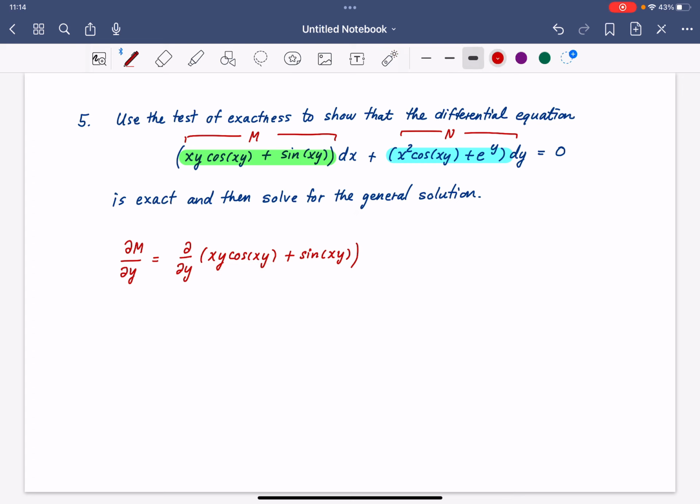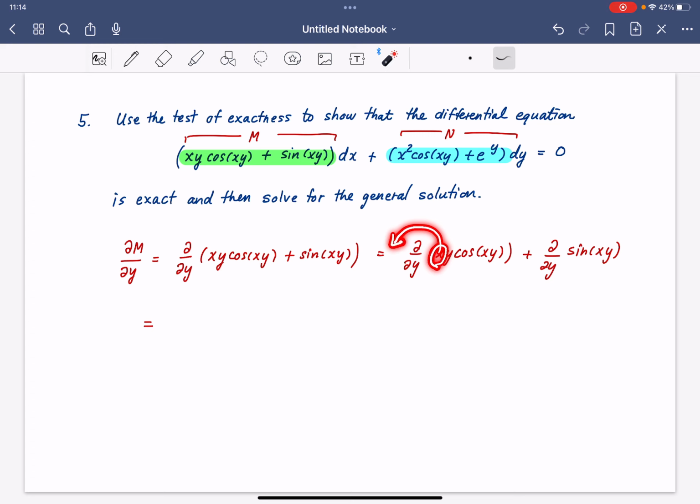So basically, what we're going to do first is separate ∂/∂y of xy cosine xy first. This is the first term, plus ∂/∂y of sine xy. The first term here, we're going to treat x as a constant, so x can go outside the derivative, okay?